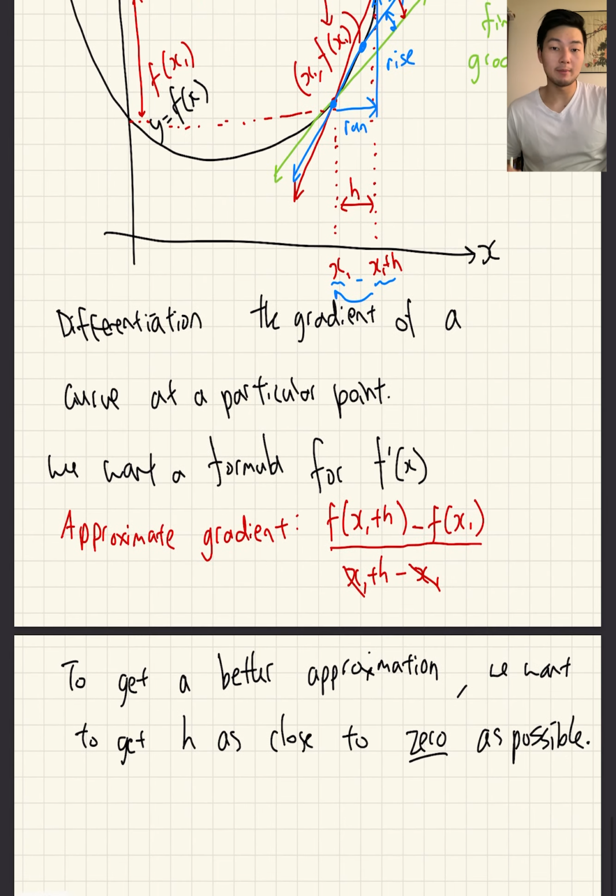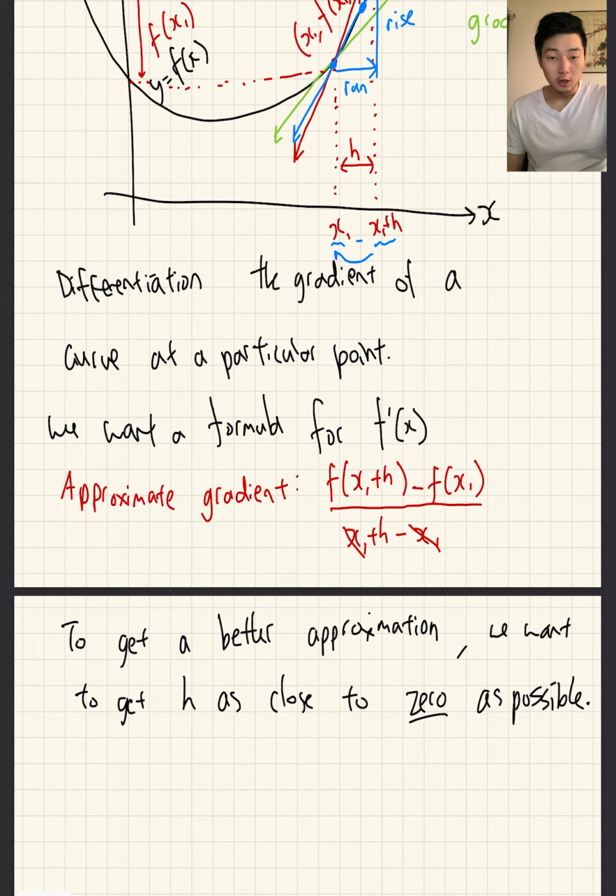But the problem is we can't make a direct calculation with h equals 0, because otherwise our gradient function wouldn't work. We'll have 0 in the denominator. So what we can do instead is take a limit, which will allow us to examine the behavior of this gradient as h approaches 0.